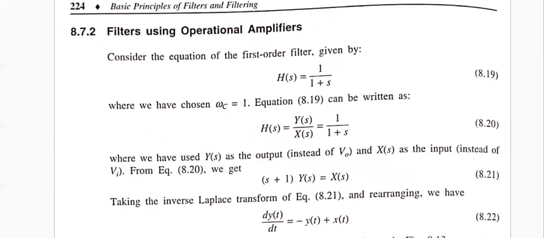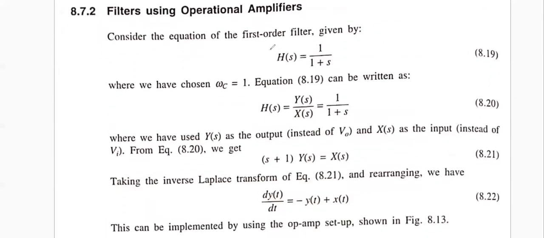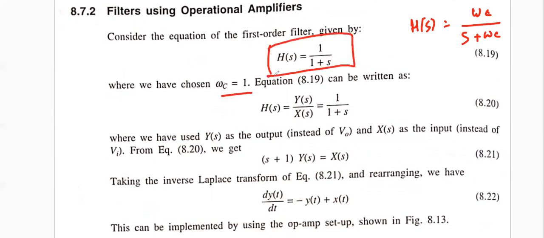Okay, so let's start with that. For the first order filter, let us understand from scratch. We have developed this equation, omega c divided by s plus omega c. From there, with omega c equal to 1, we have this.